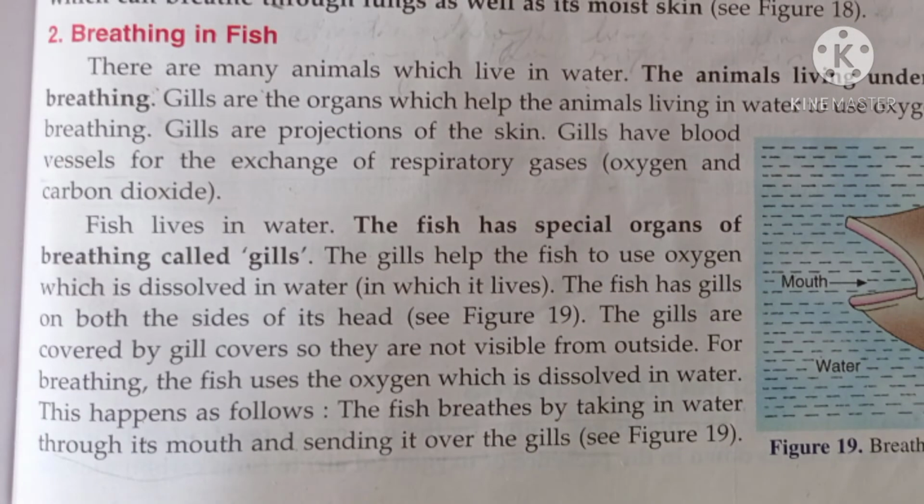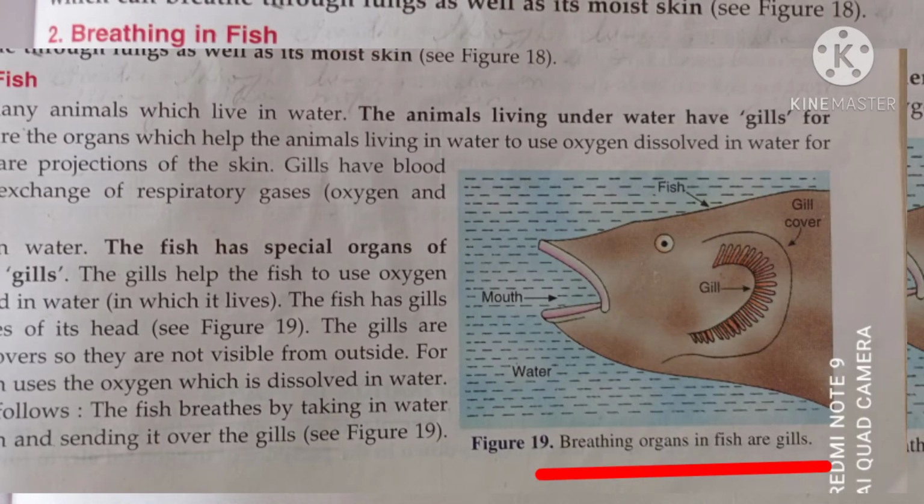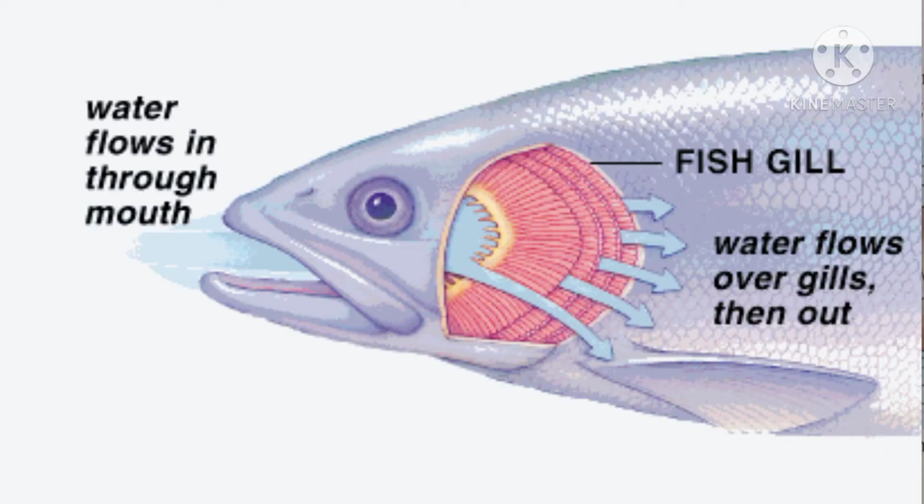Let us discuss breathing in fish. Fish is an aquatic animal. We all know this. And fish has special organs of breathing called gills. Look at figure 19 and locate the position of gills. Gills are present on either side of the head. For breathing, the fish uses the oxygen which is dissolved in water.